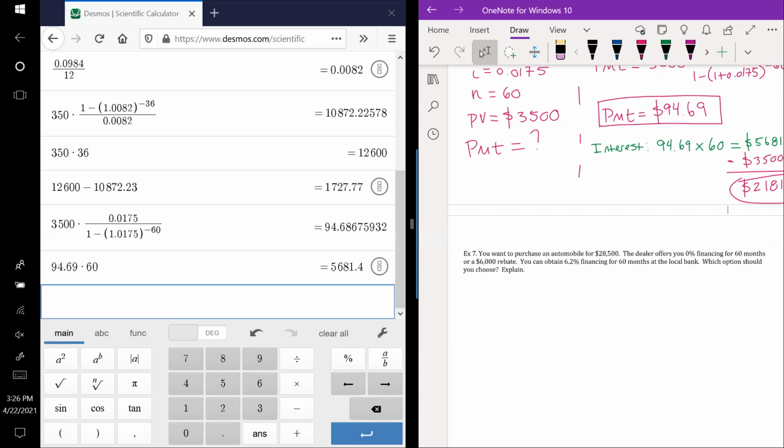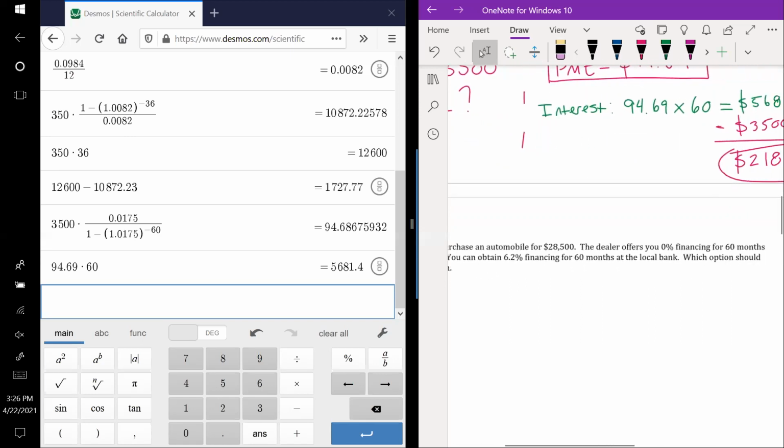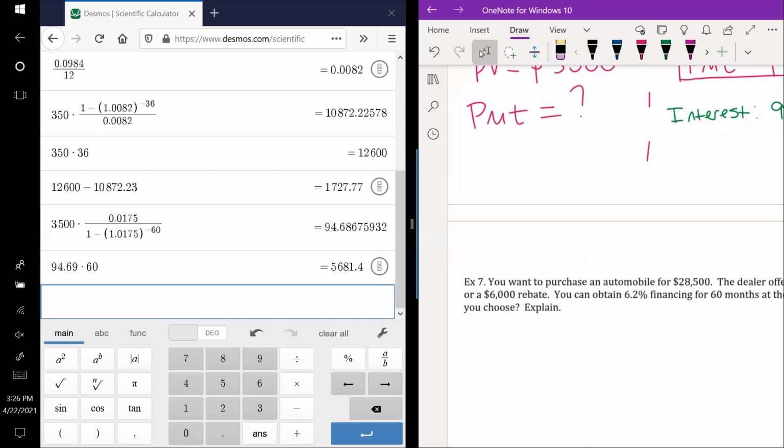Okay, well, let's explore our options. Option 1 means we'll have no interest for 60 months. So that means that for option 1, our payment is just going to be the amount of the car over 60.